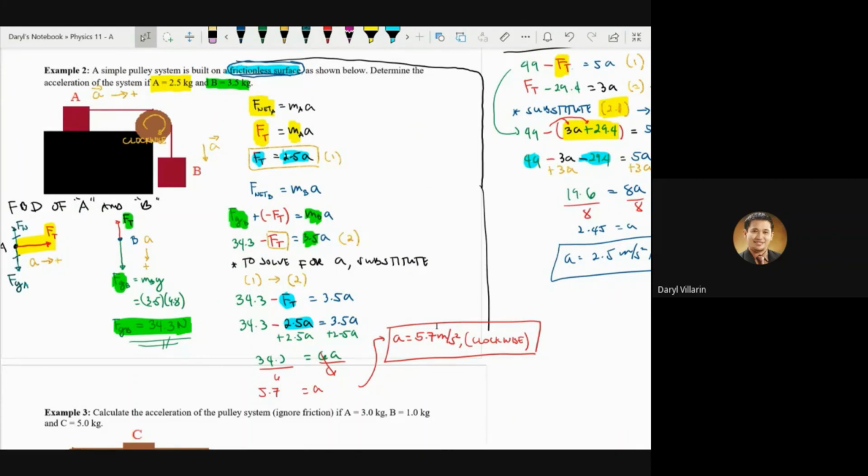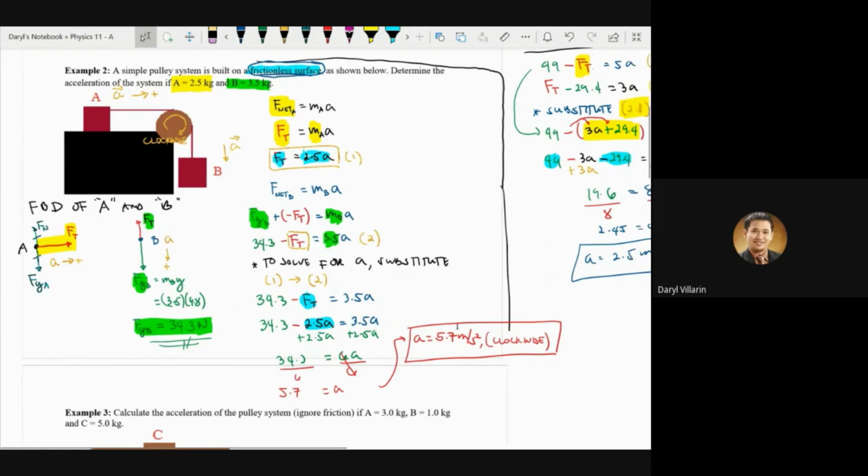Remember that for my object A, the acceleration is just along the horizontal, right? Because in this particular case, since Fnet along the vertical is 0, correct?